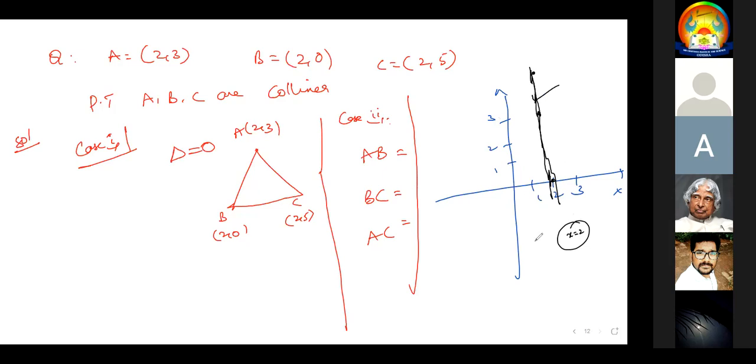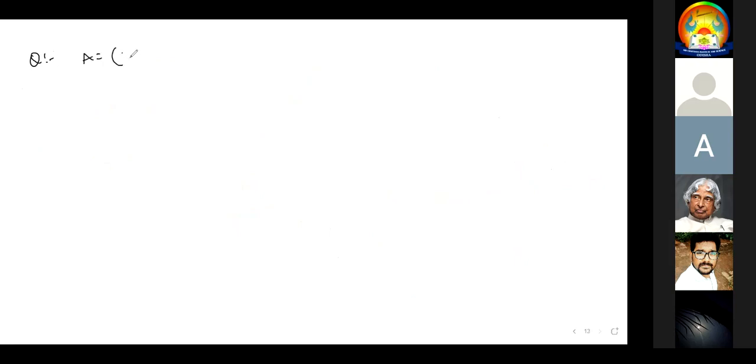Okay, and the last question to the class. The question is: capital A is equal to (1,2), capital B equal to (2,3), capital C equal to (1,3). Please calculate its area. One by two.